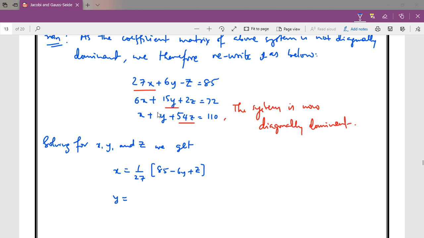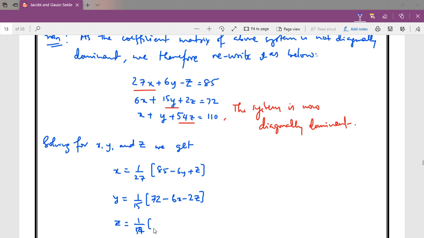And from the second equation we solve for y, so y is 1 by 15 into 72 minus 6x minus 2z.